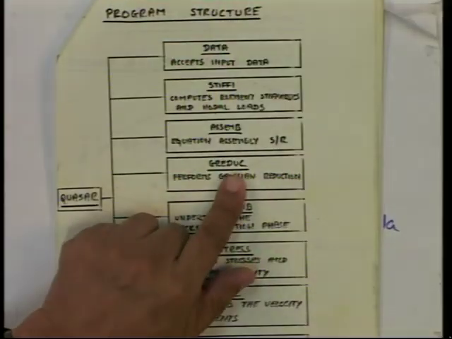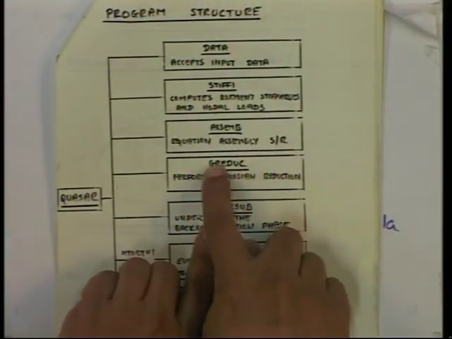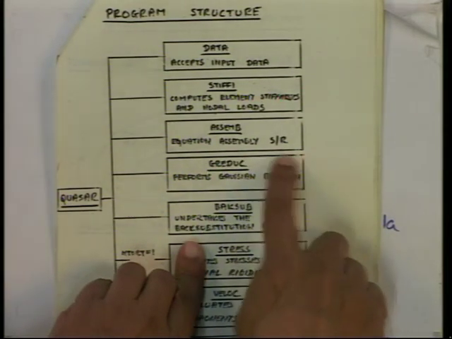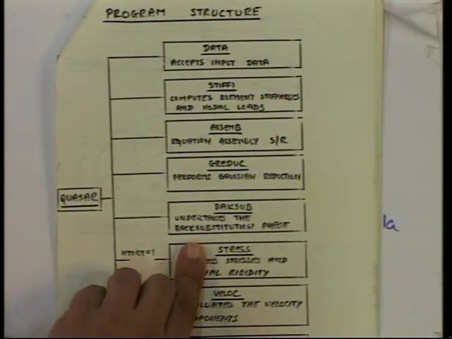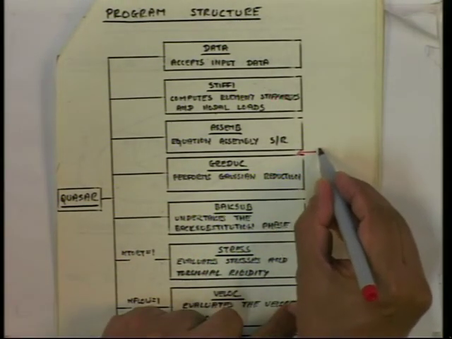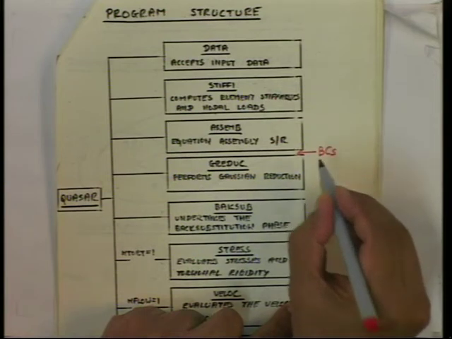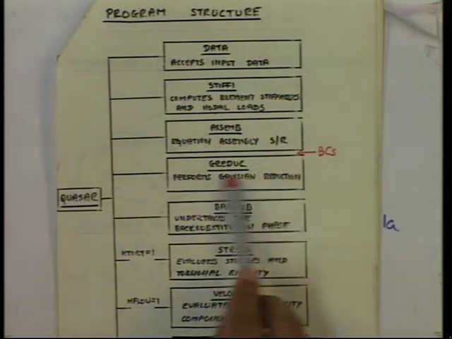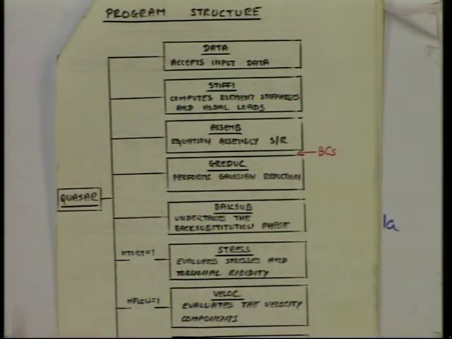Having done this, you have to introduce the boundary conditions, which I have not given here. After assembly there must be the introduction of boundary conditions, because unless you introduce them, you cannot do Gaussian elimination, or Gaussian reduction.